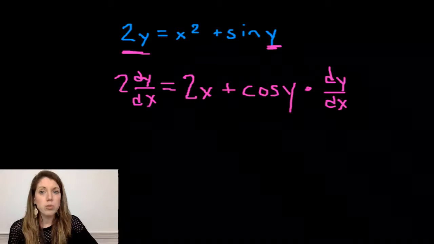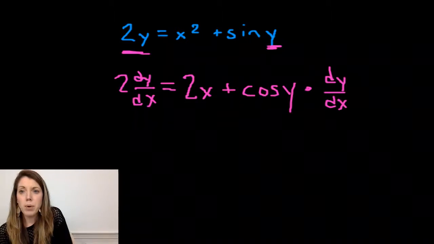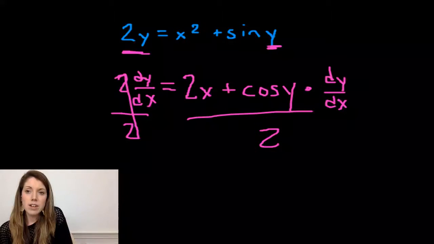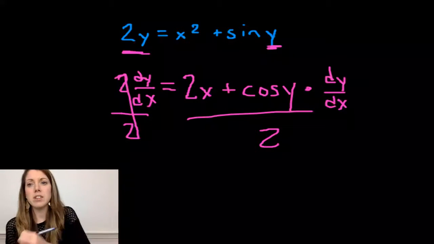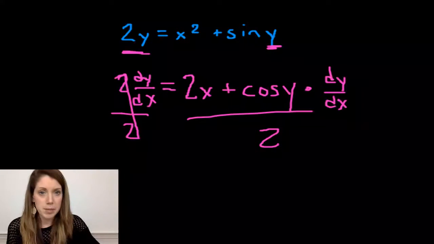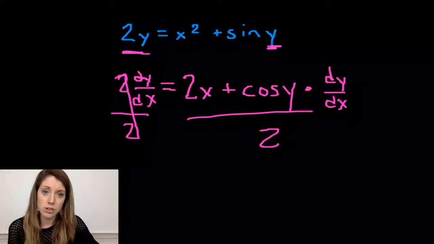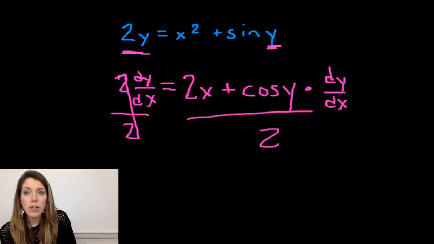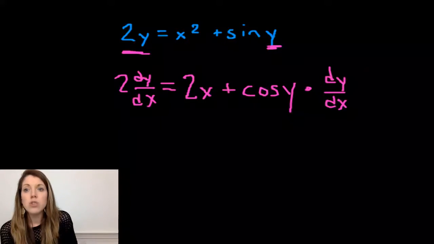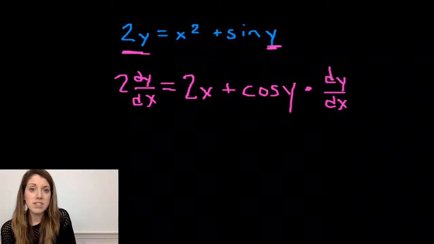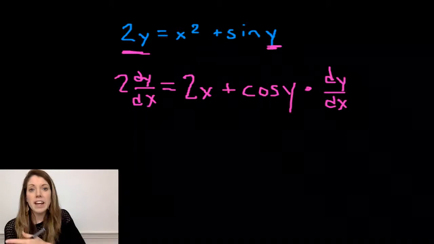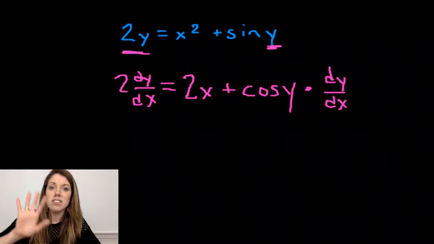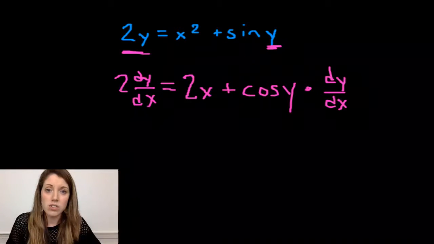Now again, it would be sort of tempting to just divide both sides by 2, cancel the 2 on the top and the 2 on the bottom, and say dy dx equals blah, blah, blah. But you can't do that, and here's why. It's just like if we're trying to solve an equation for x, you need to get all the x's on one side, maybe pull an x to the front, divide everything else away. You got to get that x isolated all by itself, or you haven't really solved for it.